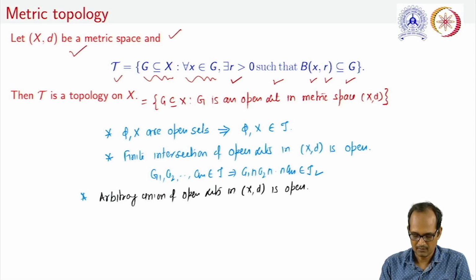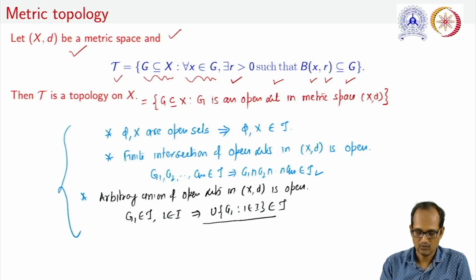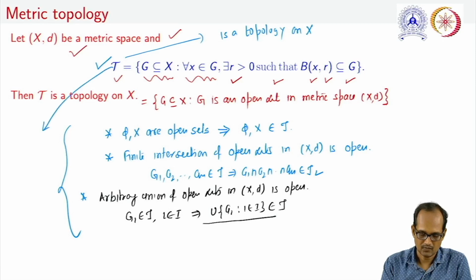So from there we can conclude that if we have a family of subsets indexed by set I, then union of Gi, i belongs to I, is also in tau. Or we can say that tau is a topology on X, and we call this topology the metric topology.